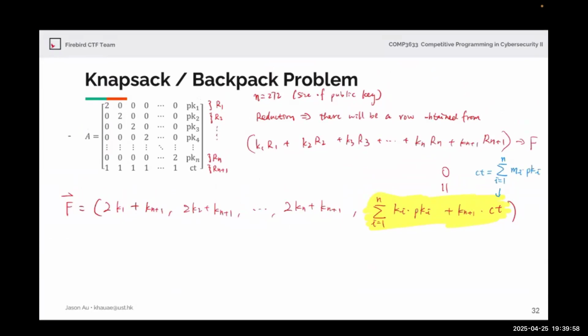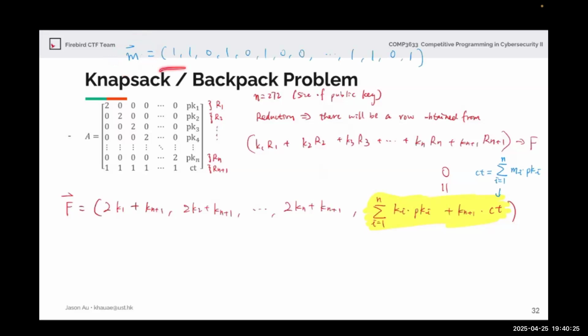And actually, you may wonder what Mi is. I can tell you. The message vector is something like 1 1 0 1 0 1 1 0 0, and dot dot dot, and the last 4 bits are 1 1 0 1. So this is the message vector.